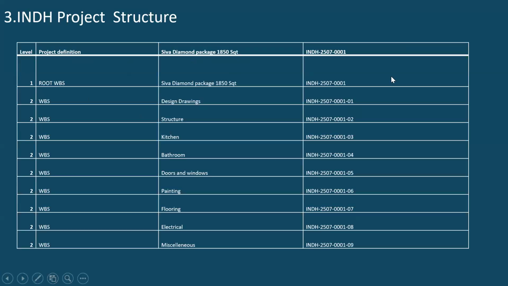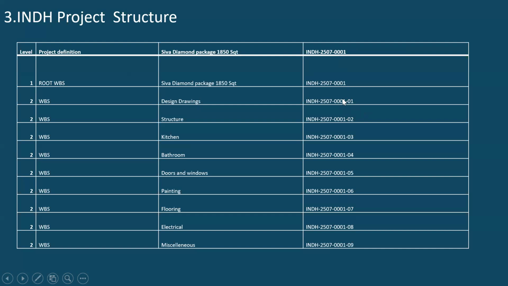Okay. So for example, here, how many characters at the project definition level? 4, 8, 12 plus 2 separators. Okay, 14. Total length is 14. Now, if you see, the first 14 characters are the same in all the WBS elements that we created. For example, if the user tries to enter 0002 instead of 0001, then the system should not allow, right?